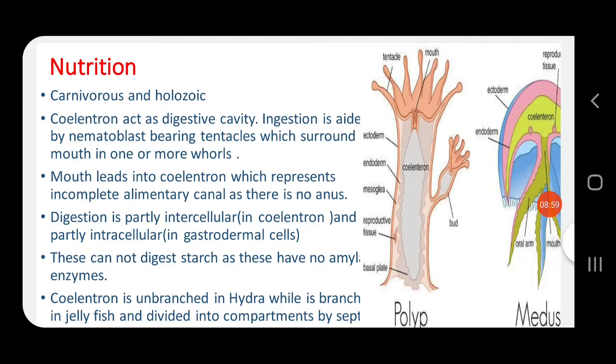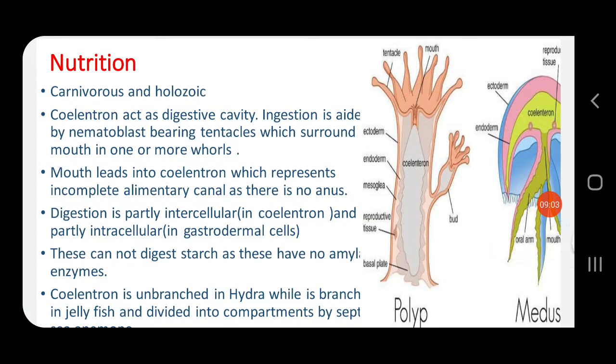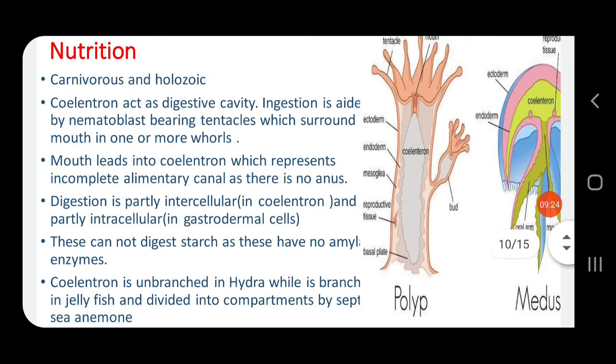If we talk about the nutrition of this group, these animals are carnivorous and nutrition is holozoic. Their central cavity acts as their digestive cavity, and nematoblast cells help in digestion also.